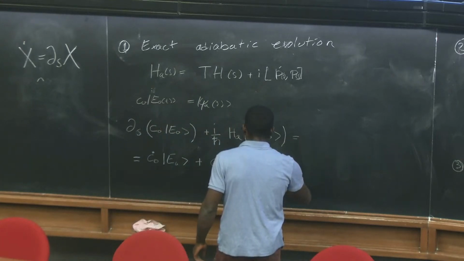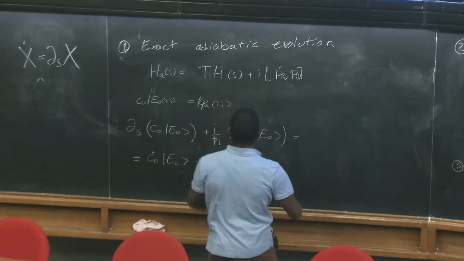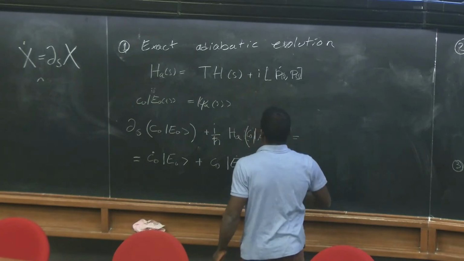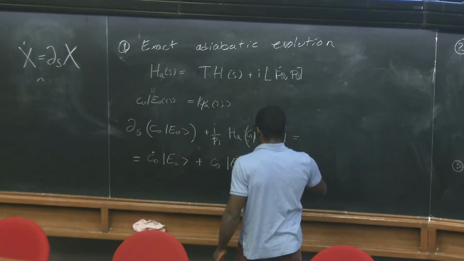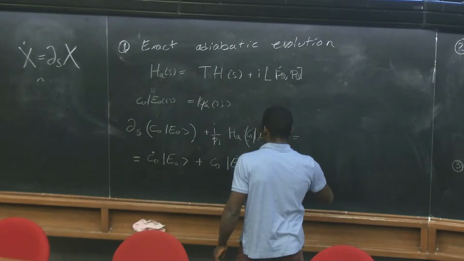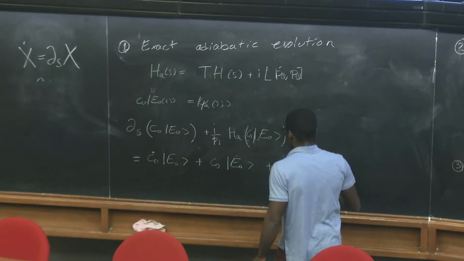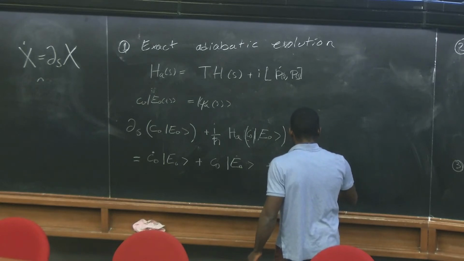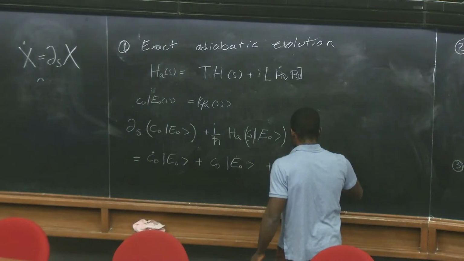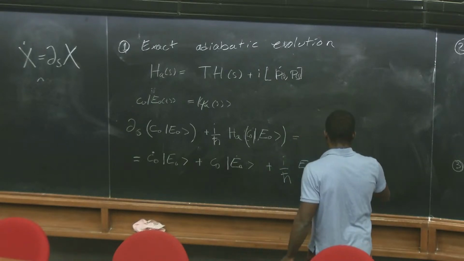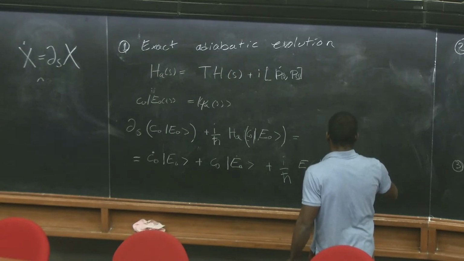And the second part, we have to put in the Hamiltonian. So we're going to use the eigenvalue equation. Since A0 is an eigenvector of HS, this is going to be E0 times E0, and then we're going to have plus this term.